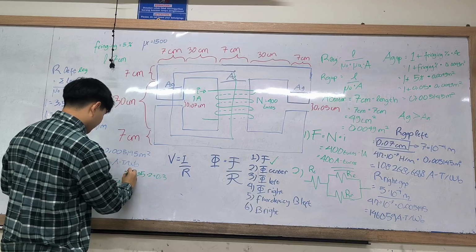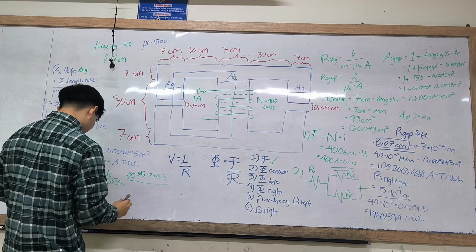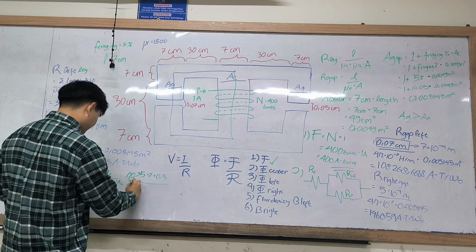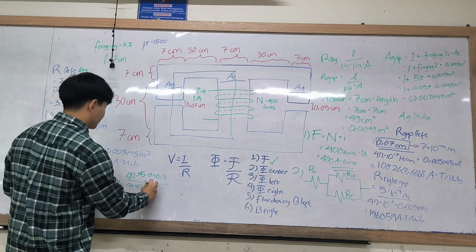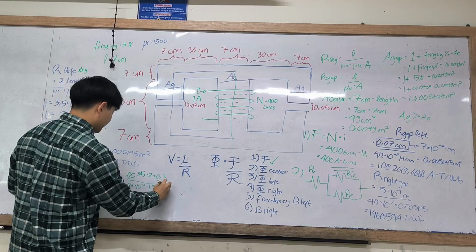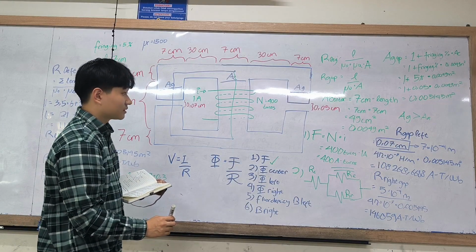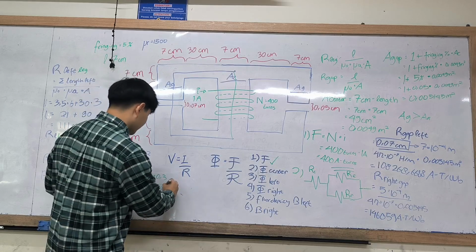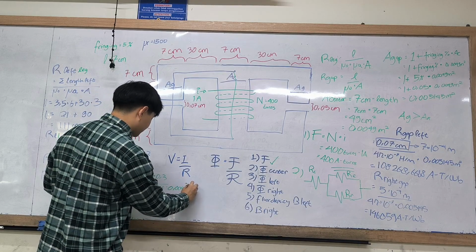I think I should have one 0 here, and divided by the same 4 pi to the power of -7 times 1500 and times 0.0049 meters squared.